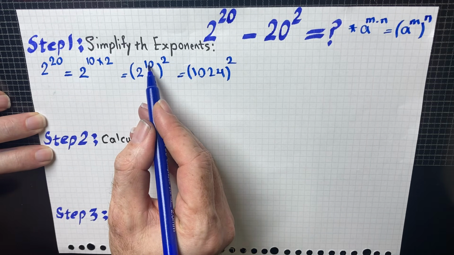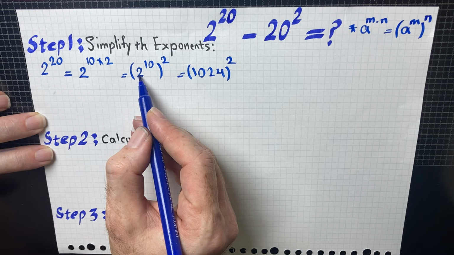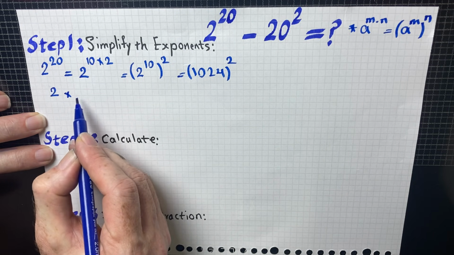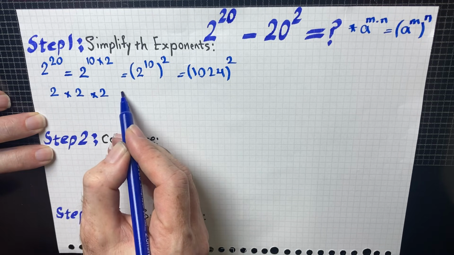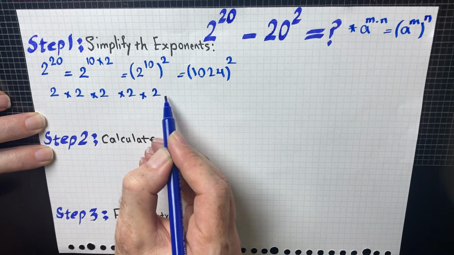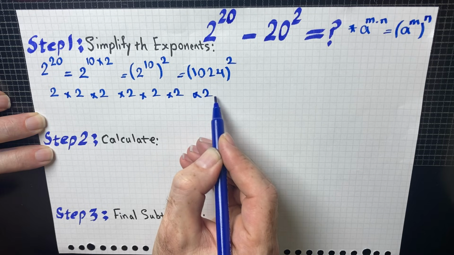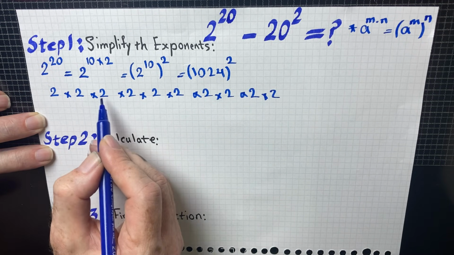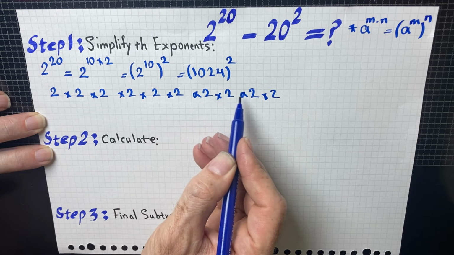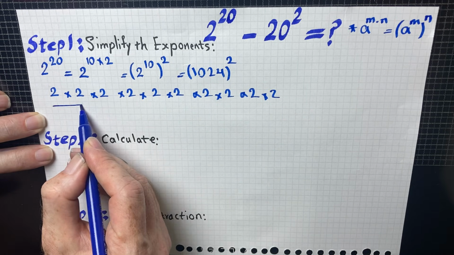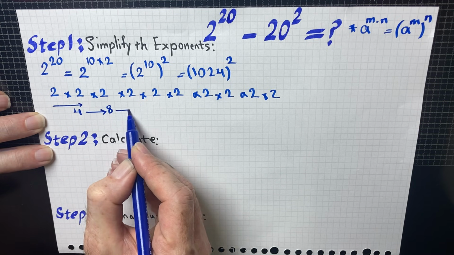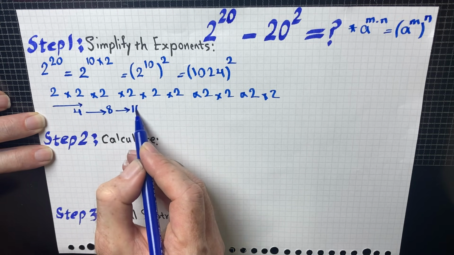2 raised to the power of 10 means 2 is multiplied by itself 10 times. Go ahead: 2 times 2 times 2 times 2 times 2 times 2 times 2 times 2 times 2 times 2. 1, 2, 3, 4, 5, 6, 7, 8, 9, 10. 2 times 2, 4. 4 times 2, 8. 8 times 2, 16.